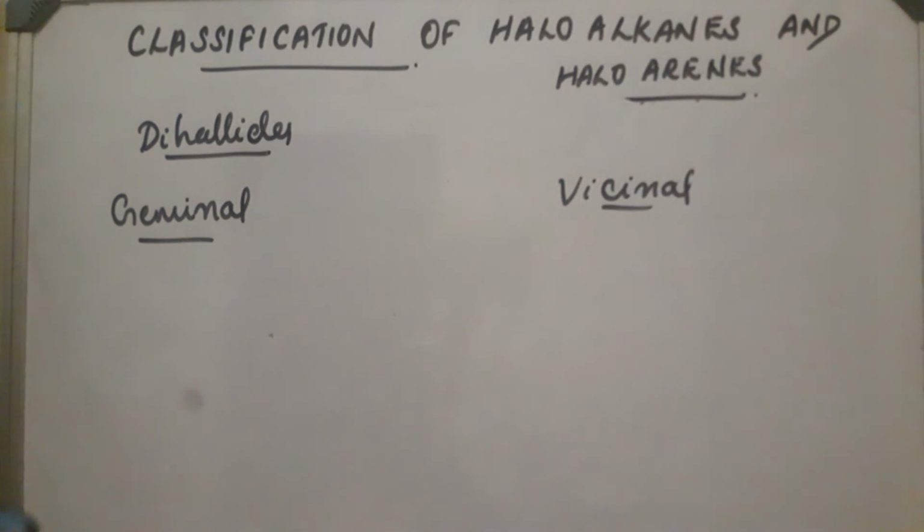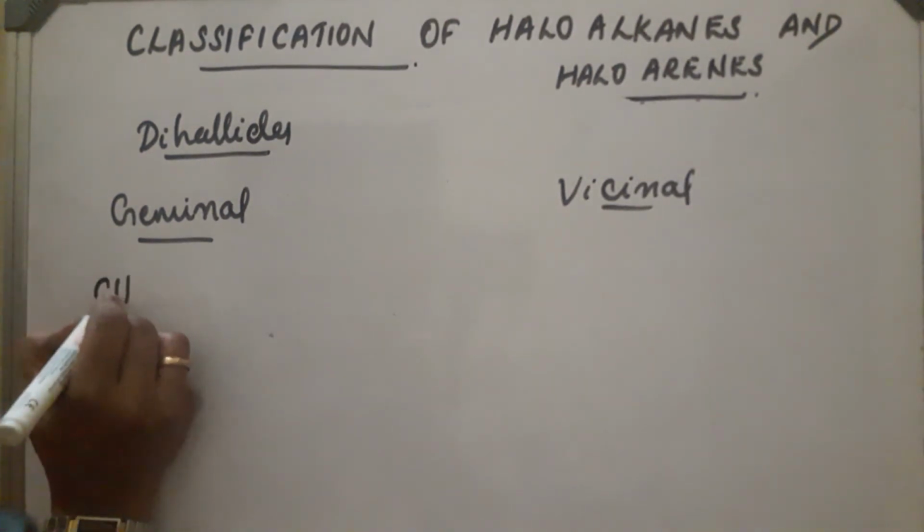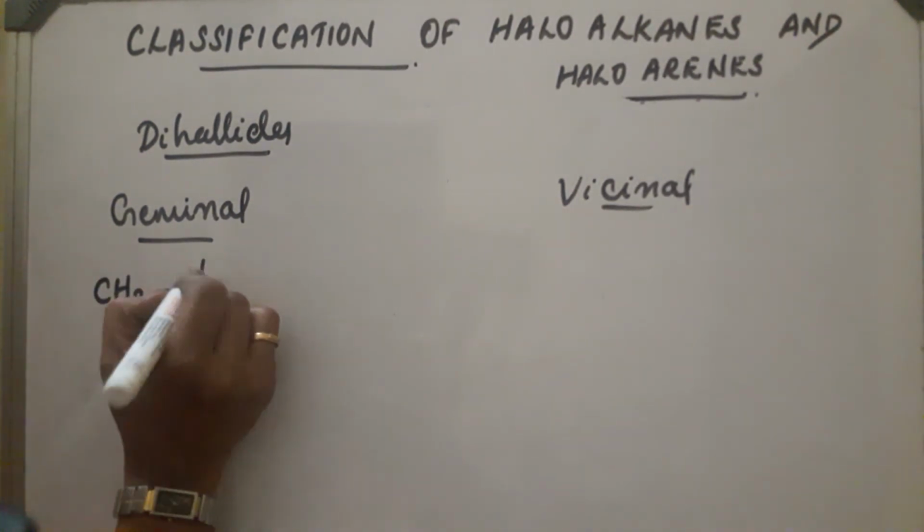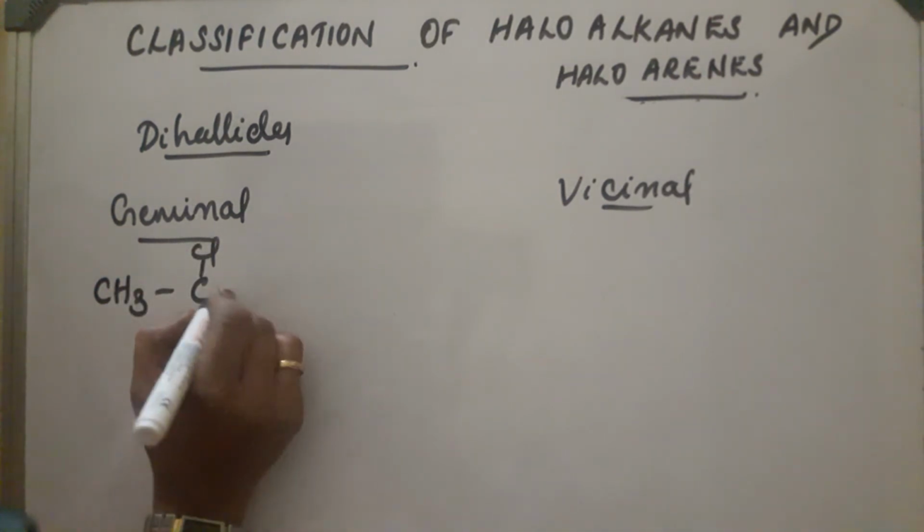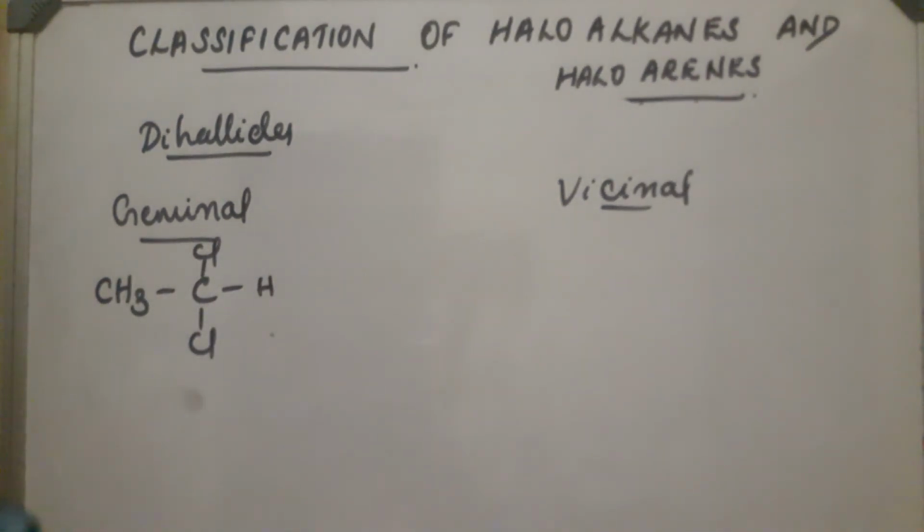In this case, two halogen atoms are attached to the same carbon atom. For example, CH3CHCl2. Here, both chlorine atoms are attached to the same carbon atom. Such compounds are said to be geminal.